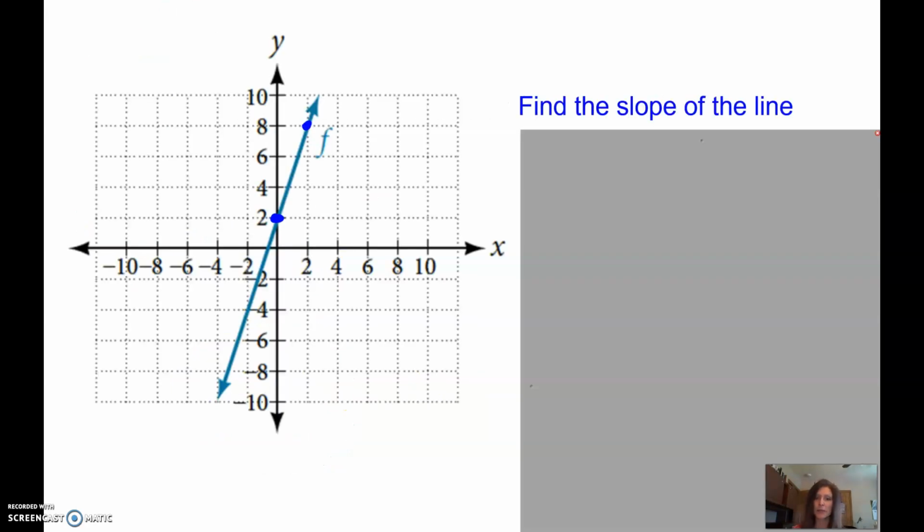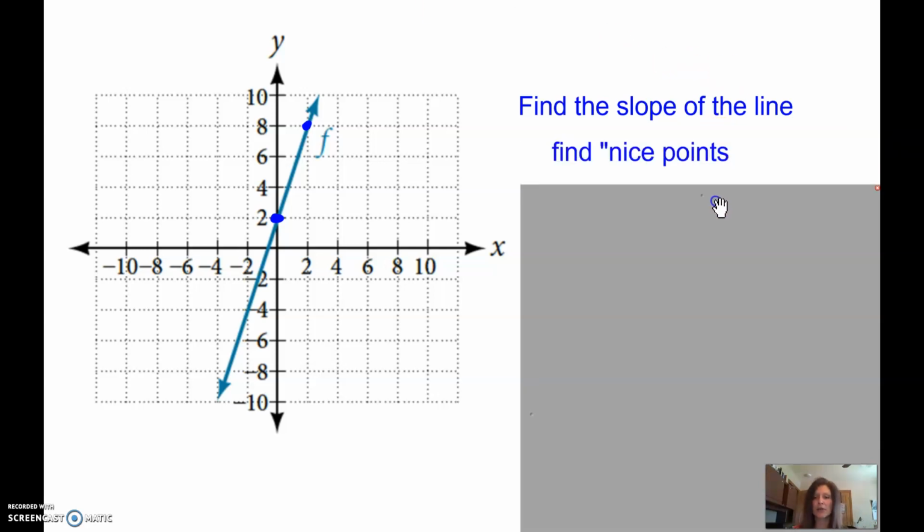Let's take a look at an example. So here I have a line that's graphed and I'm asked to find its slope. Well, it's slanting upward, so that should give me a hint as to what kind of number I'm going to get, but let's actually calculate it. To do that, we want to find some nice points. By that, I mean points that I can tell definitely are integers, not going to guesstimate it's 0.5 or 0.2 or whatever.